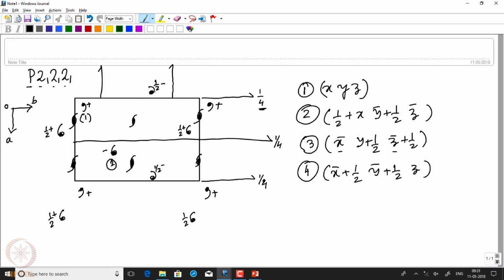So this point inside the unit cell is my third equivalent point, and the fourth one has x bar and y bar, which means it is parallel to z. So inside the unit cell this is the point number 4. So these are the 4 equivalent points for the P21 21 21 space group. That means it has Z equal to 4. And I have already mentioned that this is one of the chiral space groups because it does not have any mirror plane.